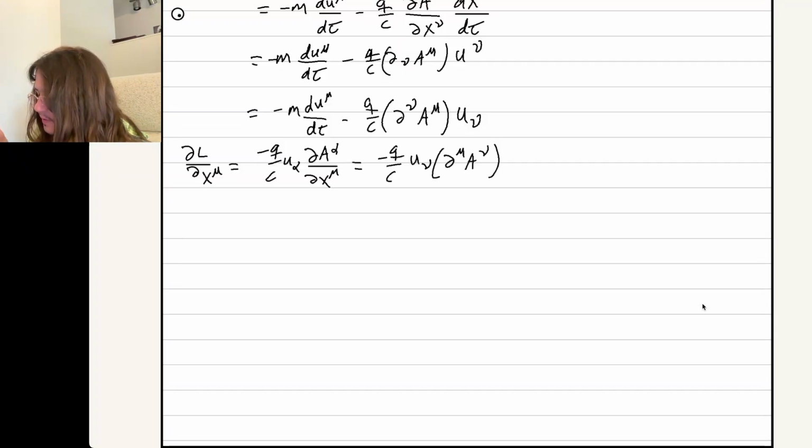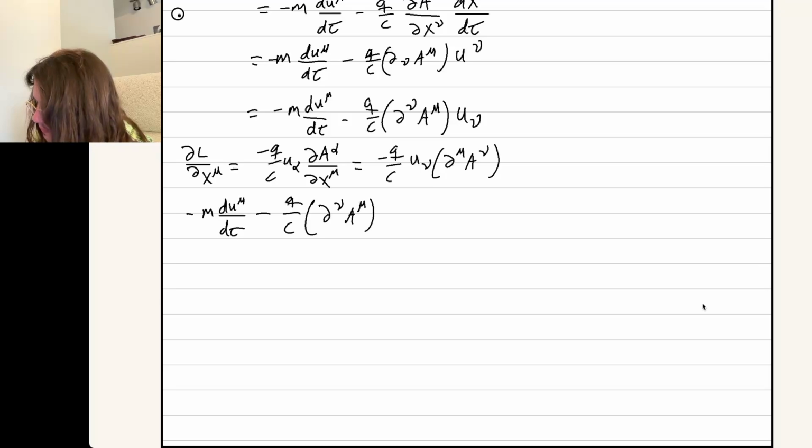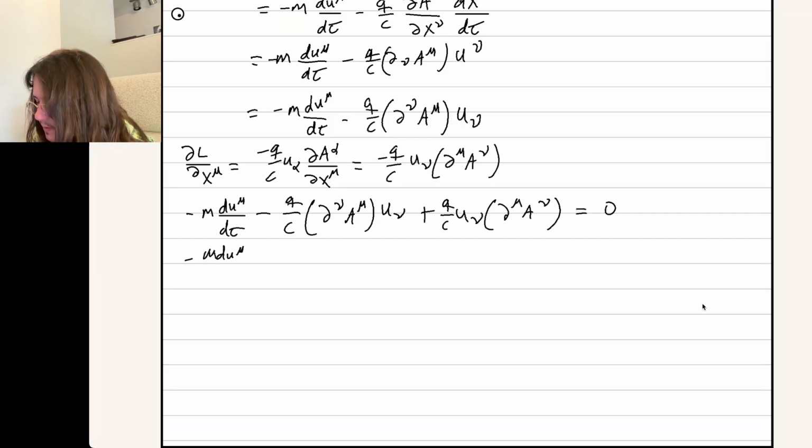So putting together the Euler-Lagrange equation, we have minus m du^μ/dτ minus q over c ∂_ν A^μ u^ν plus q over c u^ν ∂_μ A_ν equals 0. We're going to collect the q over c terms.